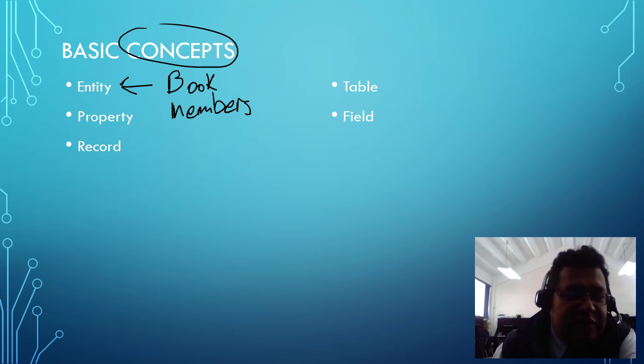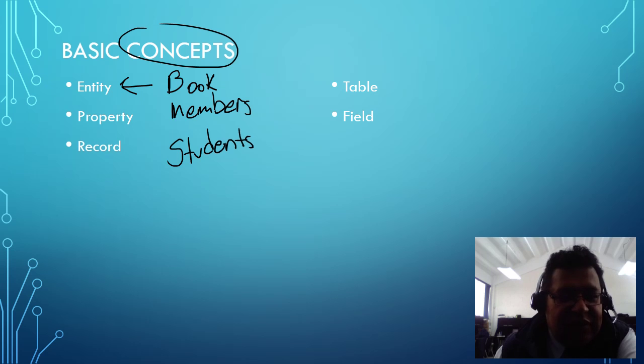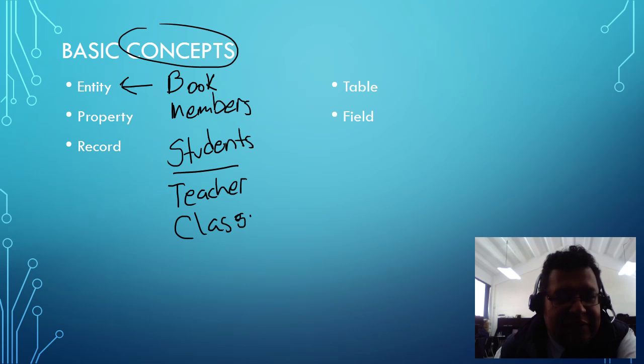Let's say that in this school you have students, and students is an entity in the database, right? And you have teachers, and that can be an entity in the database. You have classes. All right, so all of those can be entities in your database.